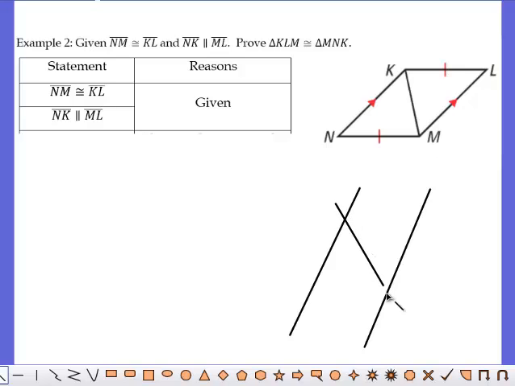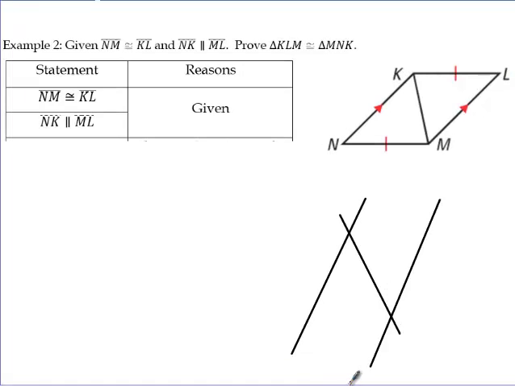This line right here represents the line that contains KM. With those lines, the angles that we can show are congruent to each other are this set here of purple alternate interior angles and this set here of red alternate interior angles.